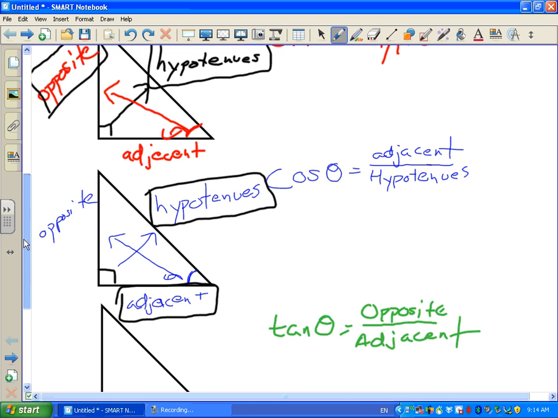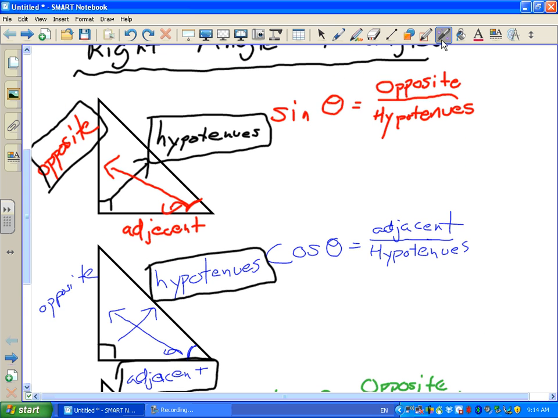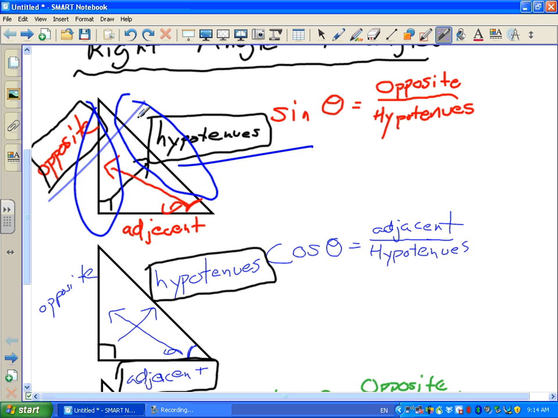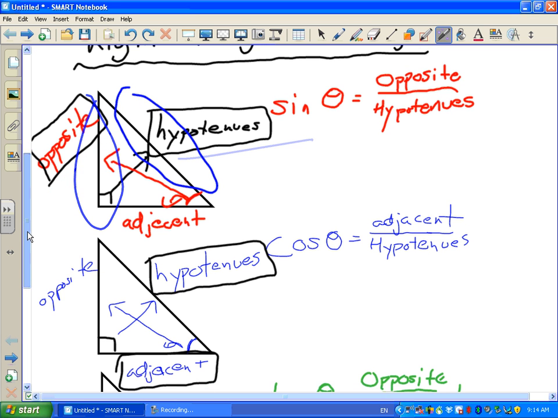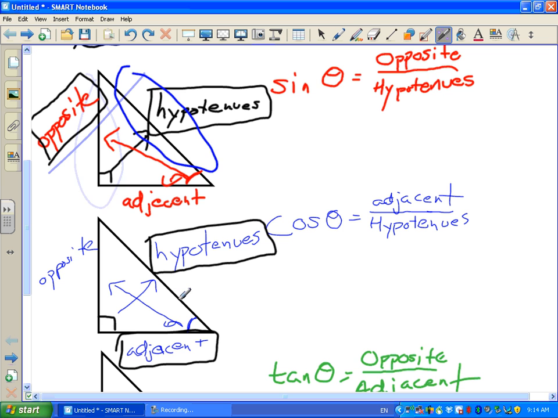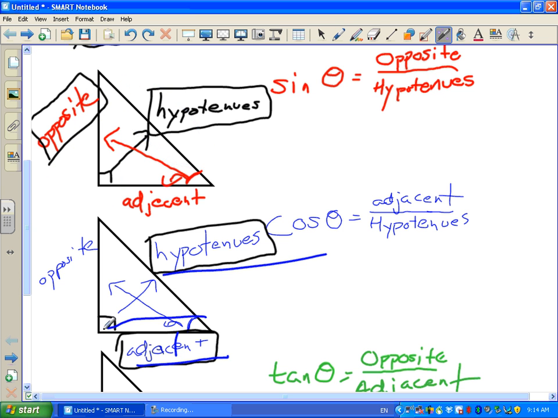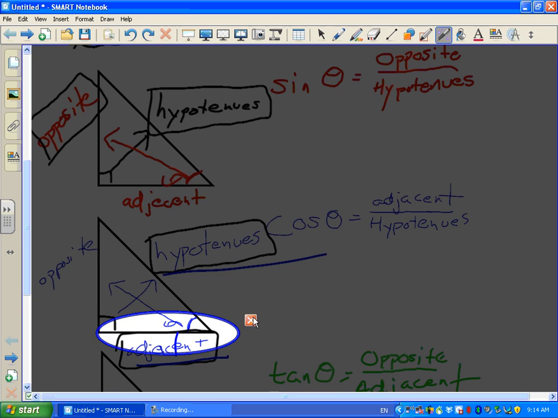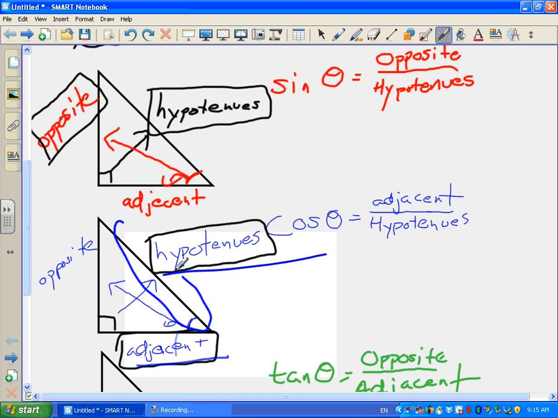Just to compare the two: our sine theta dealt with opposite and hypotenuse, so that's this side and this side of the triangle. Don't worry, that'll all disappear. With our cosine, we needed adjacent and hypotenuse, which is this length of the triangle and this side of the triangle. Okay? So we're dealing with different sides of the triangle depending on which ratio we're working with.